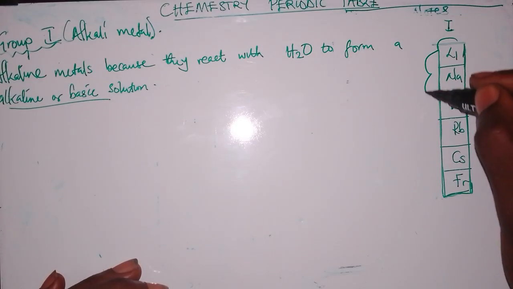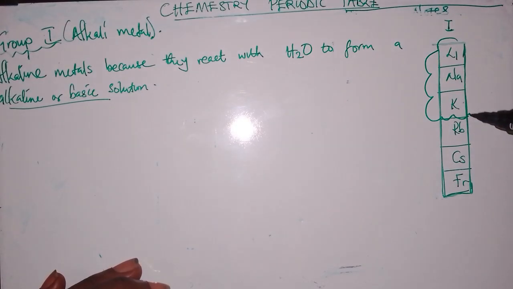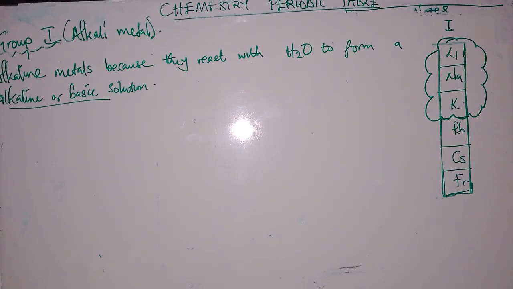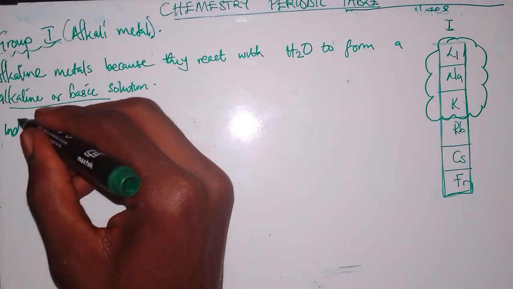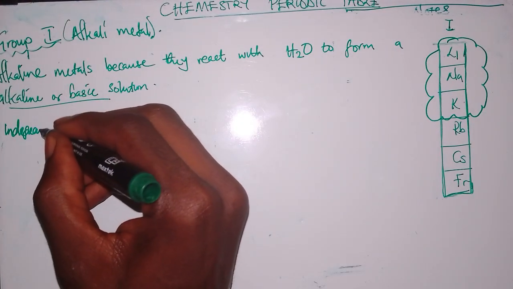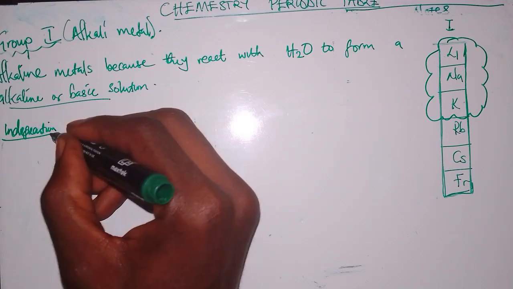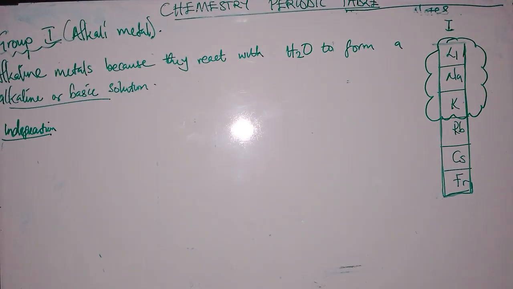The 3 major elements you need to pay attention to in group 1 are lithium, sodium, and potassium. These are the 3 most important elements in group 1. You need to know the identification test: how you can know that this is lithium reacting, this is sodium, this is potassium.